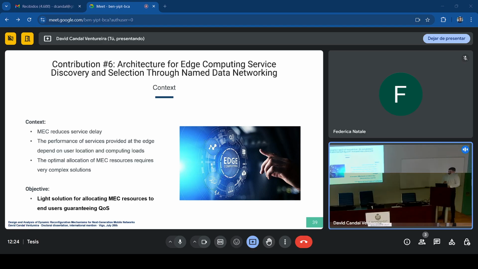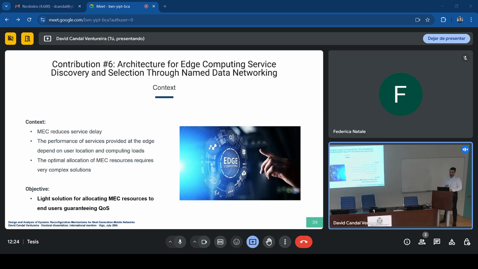We also have highlighted the impact of the computing delay on the overall delay, which may vary not only with the capabilities of the server that is allocated to the user, but also with the load on the server. Therefore, the Edge platform must implement solutions to allocate computing resources to users according to their location, but also to the load of the servers.